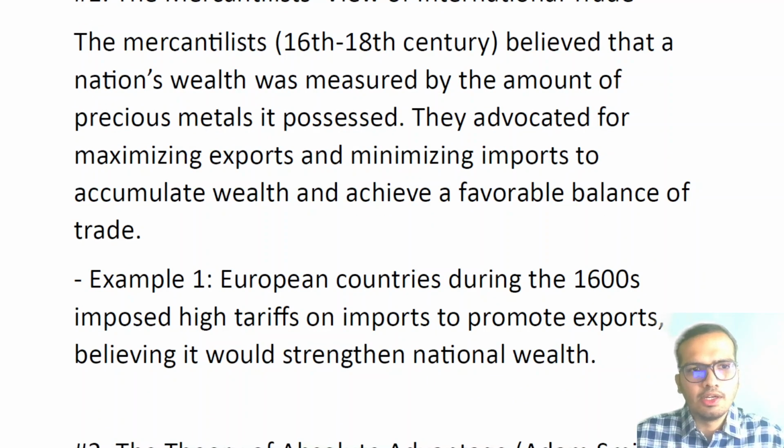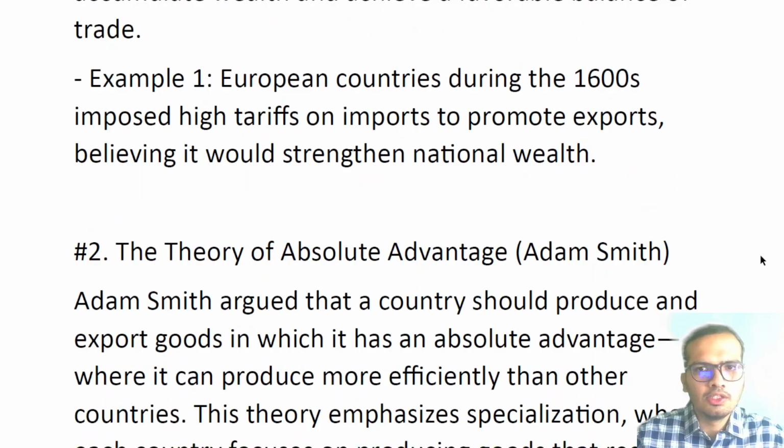So they advocated for maximizing exports and minimizing imports to accumulate wealth and achieve a favorable balance of trade. An example could be European nations during the 1600s imposing high tariffs on imports to promote exports, believing it would strengthen national wealth.